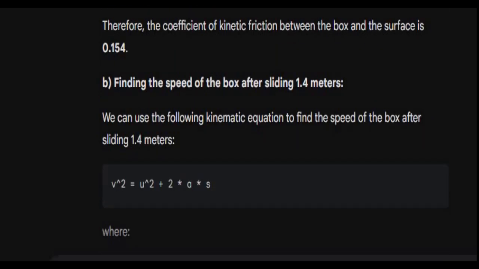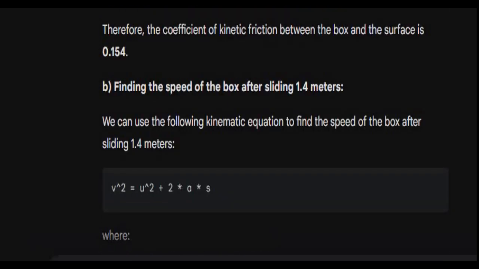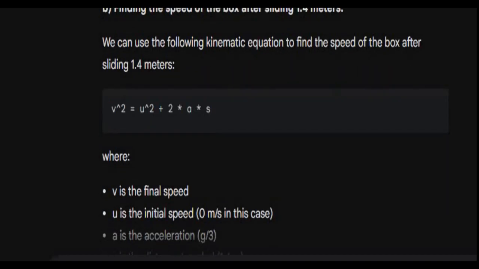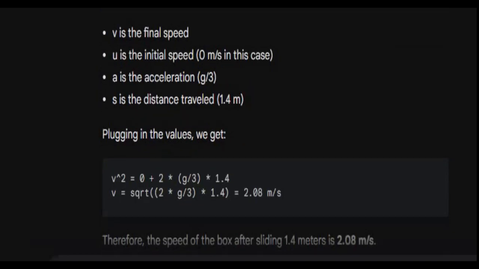B. Finding the speed of the box after sliding 1.4 meters. We can use the following kinematic equation to find the speed of the box after sliding 1.4 meters. V² = u² + 2as, where v is the final speed, u is the initial speed, 0 meters per second in this case. A is the acceleration, g/3.